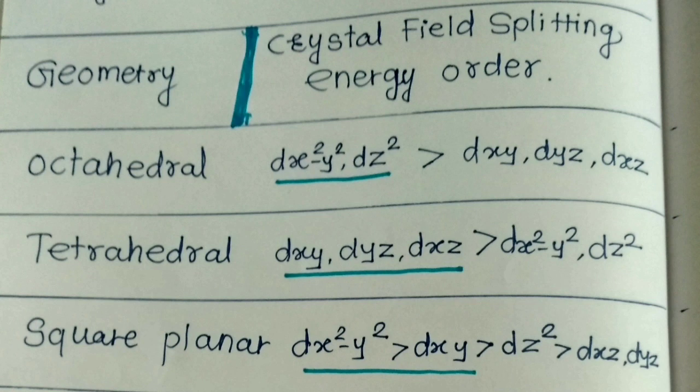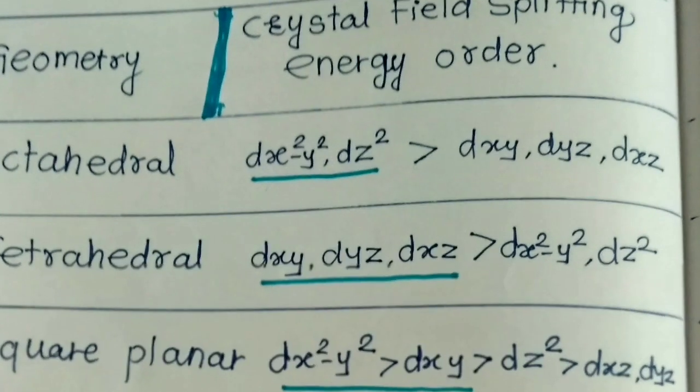In octahedral geometry, dx square minus y square and dz square are above the barycenter, at the highest energy level. Both are degenerate orbitals with greater energy than dxy, dyz and dxz, which are the lower energy orbitals.